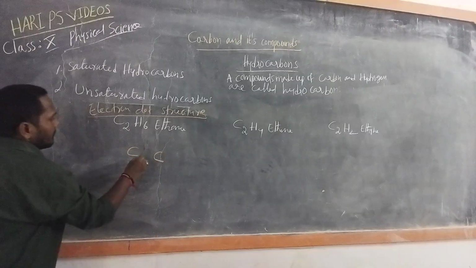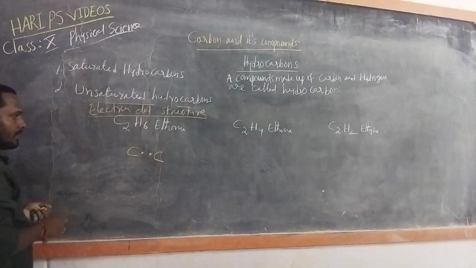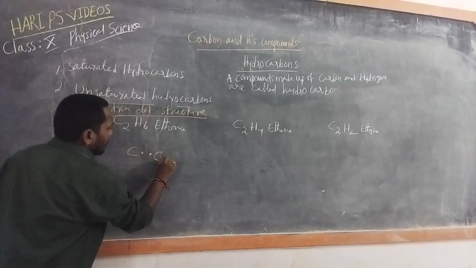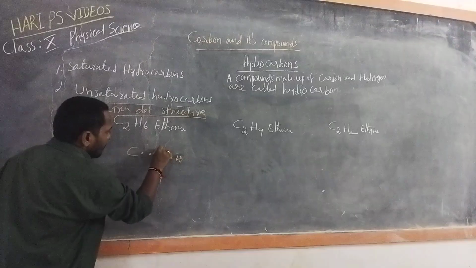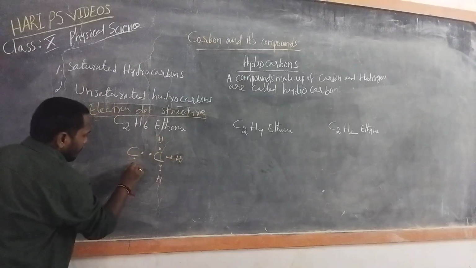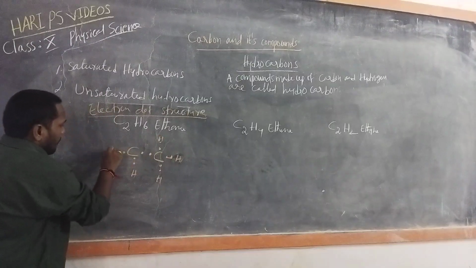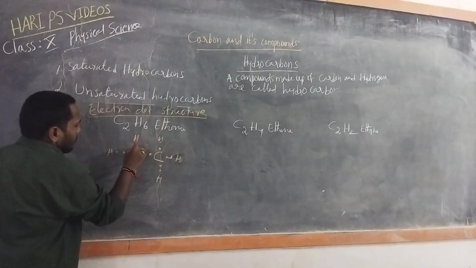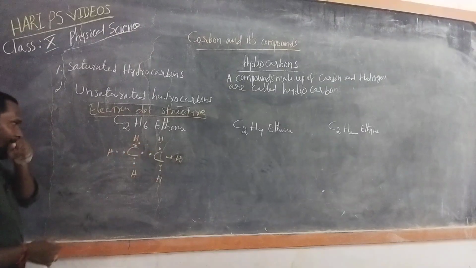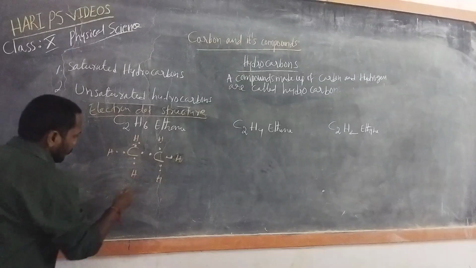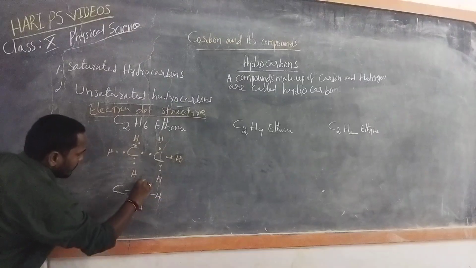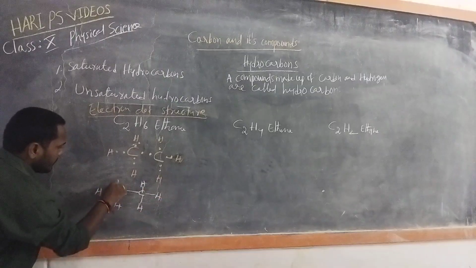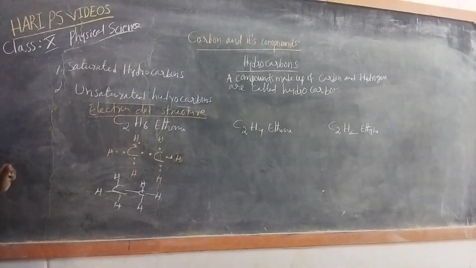One carbon, so two electrons are shared, then hydrogen with hydrogen. When you combine all of those, you get C, H, H, H, H, H, H. This is the structure of ethane.